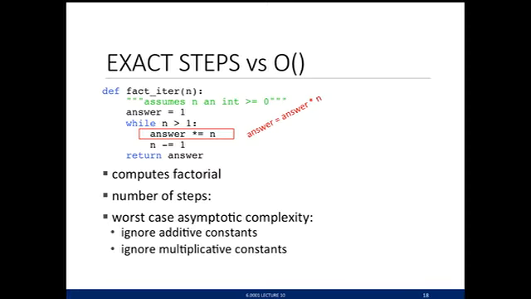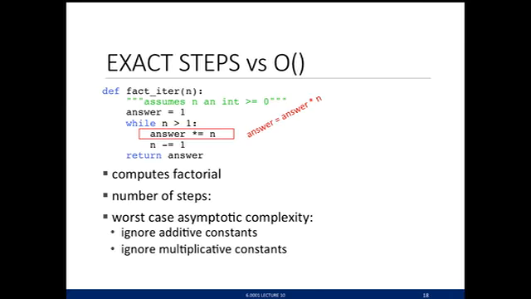I've got 1 step up there to set answer to 1. I'm going to test n. And then I'm going to do 2 steps here because I've got to multiply answer by n and then set it to answer. And I've similarly got 2 steps there because I'm subtracting 1 from n and then setting it to n. So I've got 2 plus 2 plus the test, which is 5.